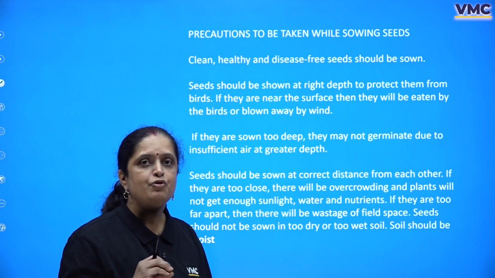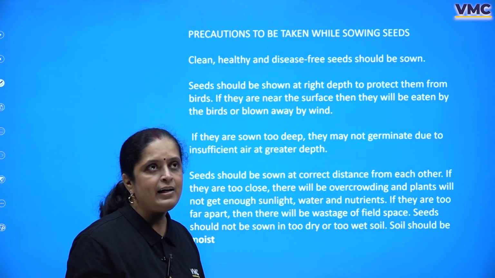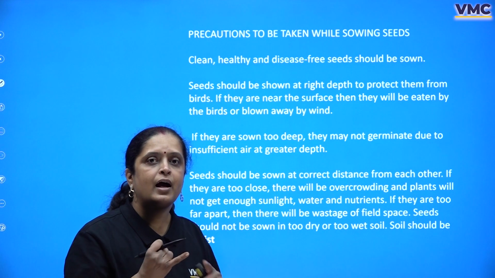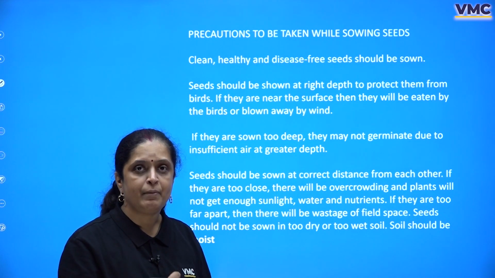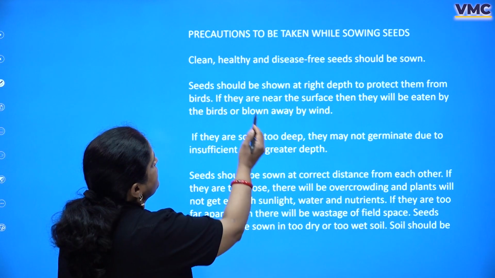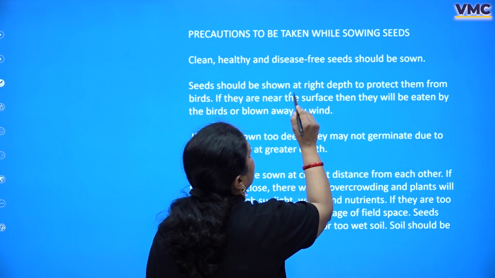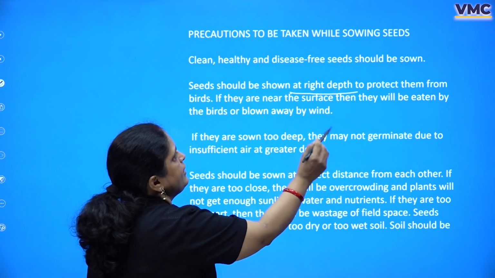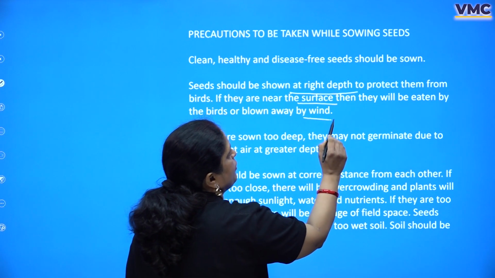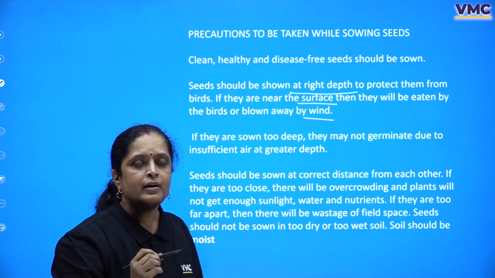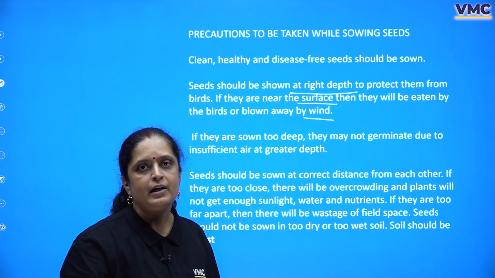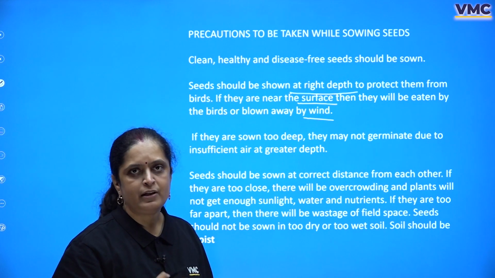Secondly, after we have chosen healthy, high-yielding variety seeds, we would have to see that they are placed at proper depth. They should not be left on the top, right? So they should be at the right depth so that nobody can eat them away from the surface or blown away by the wind. अगर seeds बहुत ऊपर की तरफ रहेंगे तो उन्हें चिड़ियां खा जाएगी या फिर वो हवा से उड़ जाएंगे.